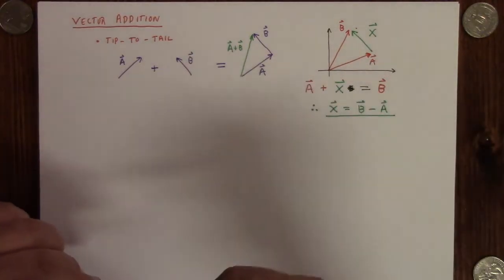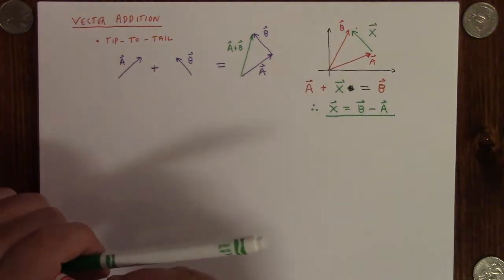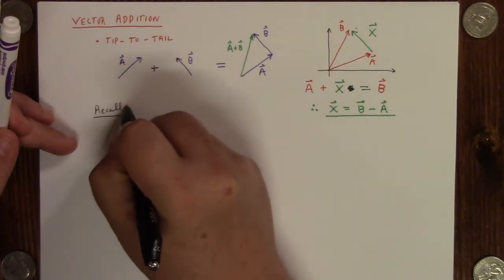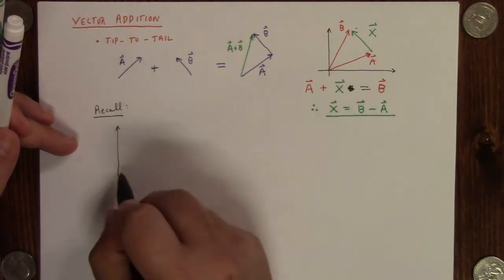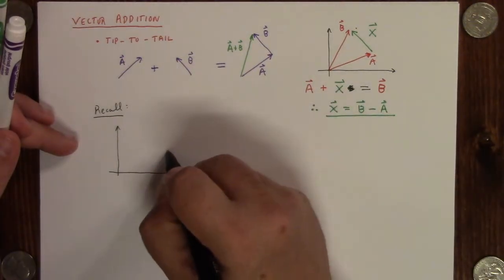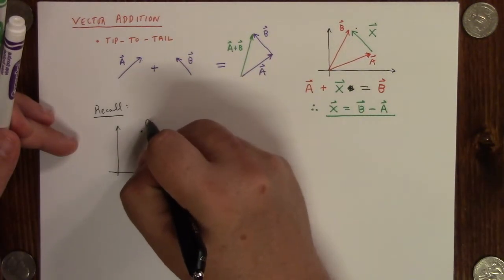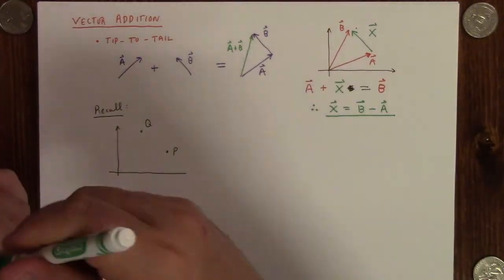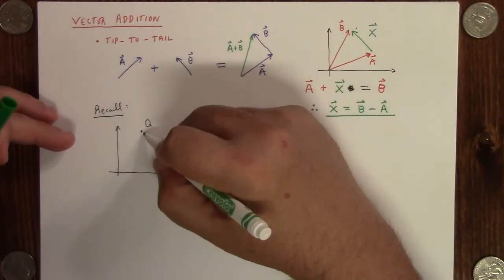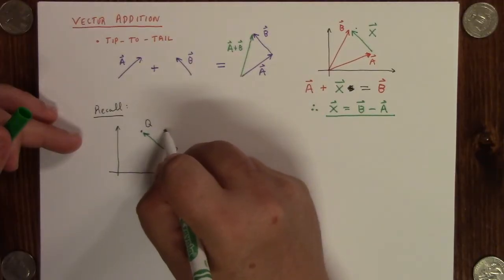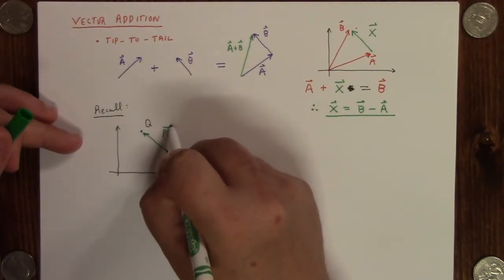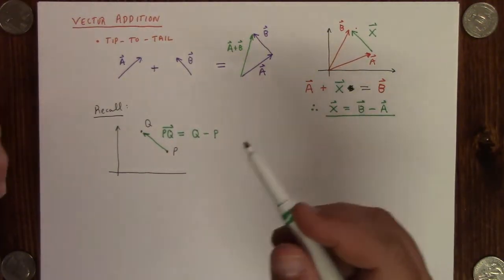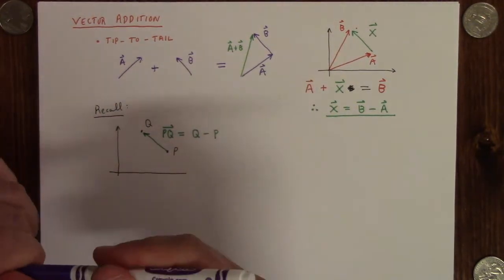This is exactly the same idea as the displacement vector from P to Q. If I think about point P and point Q, then the vector from P to Q is PQ, and I said that was Q minus P. But we can understand why in terms of this discussion.